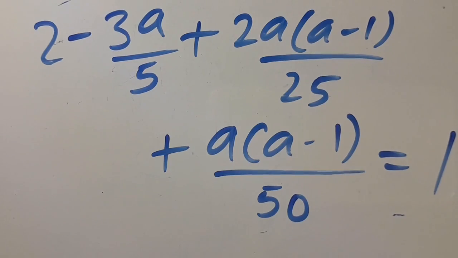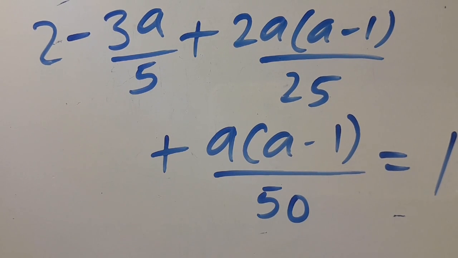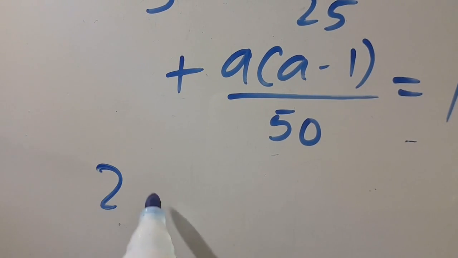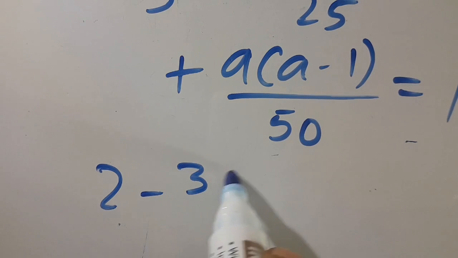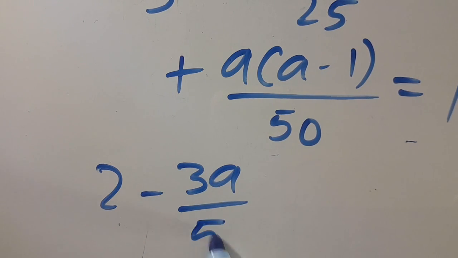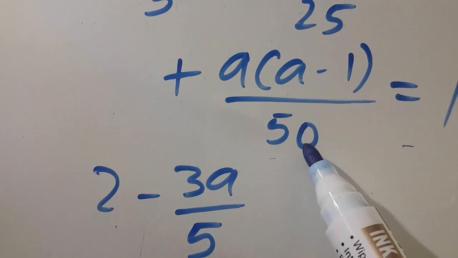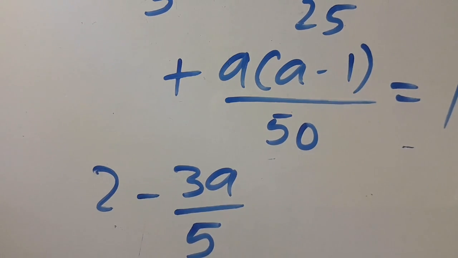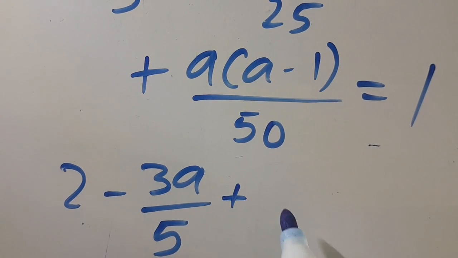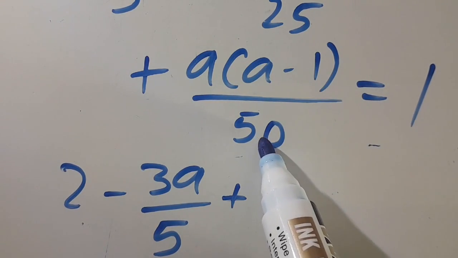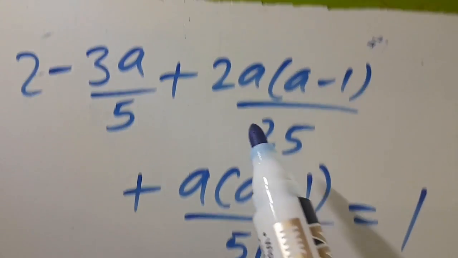By having this one as this, now from here we are going to have 2 minus 3a divided by 5. Then we have this one to be 50 here. So when we find the LCM, 25 here is 1, 25 in this one will be 2 multiplied by this 2 here.